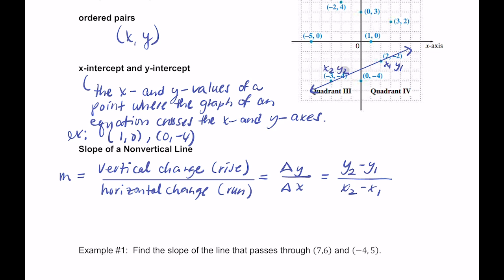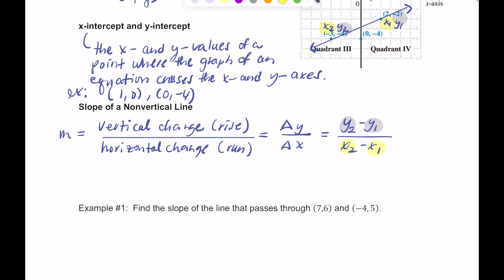And you simply plug the values into the formula. So in the top we have our y2 minus our y1, so those would go there, and then we would subtract those, and then in the denominator we would have our x2 minus our x1.